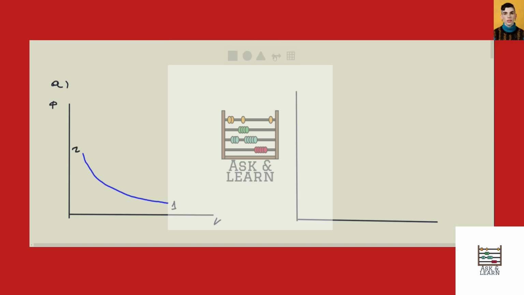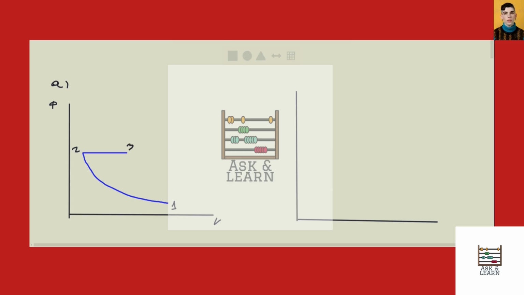Now the second one is a process with constant pressure, and the process with constant pressure is described by this horizontal line. So this is the horizontal line and this is point 3.